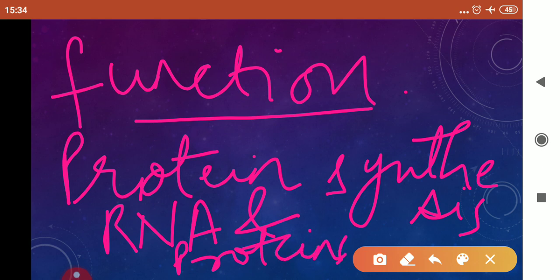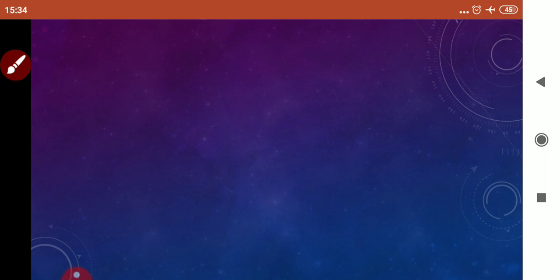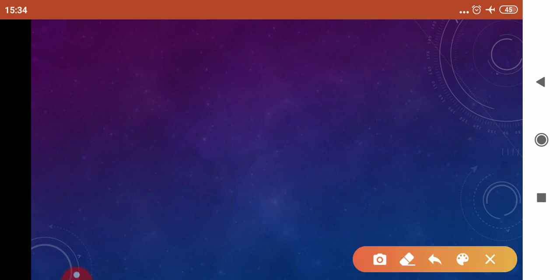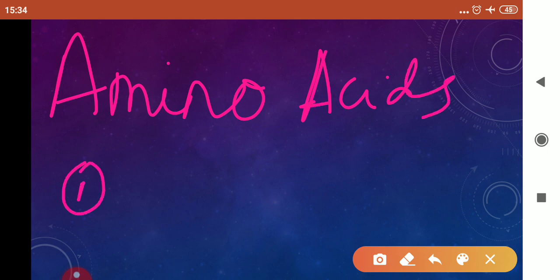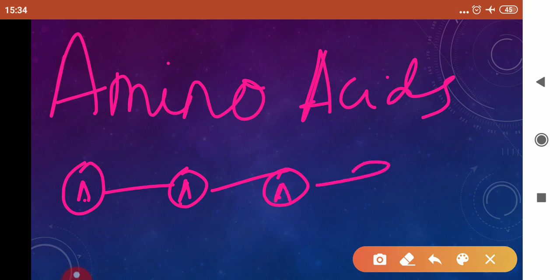Children, here I am going to tell you what proteins are made up of. The unit of protein is amino acids. This means when a variety of amino acids combine together to form a chain, that chain is called as polypeptide chain.